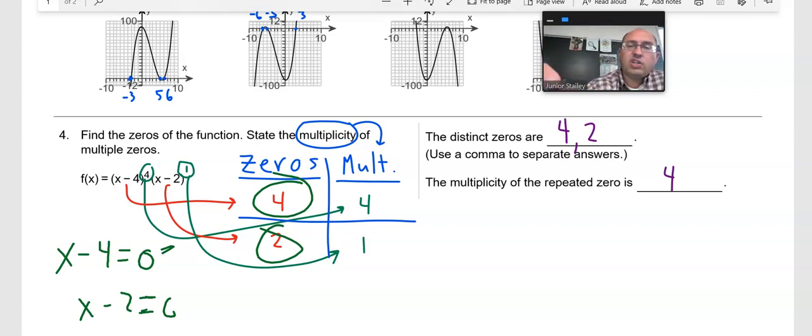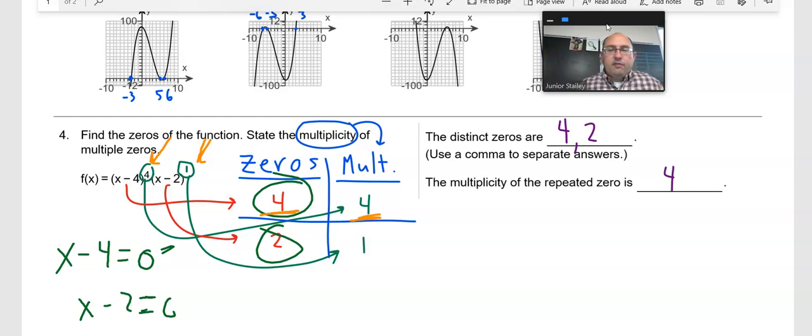And in our question, that means it's an exponent. So in this particular case, we have 4 with an exponent of 4. I mean, nobody wants to see x minus 4, x minus 4, x minus 4, x minus 4.